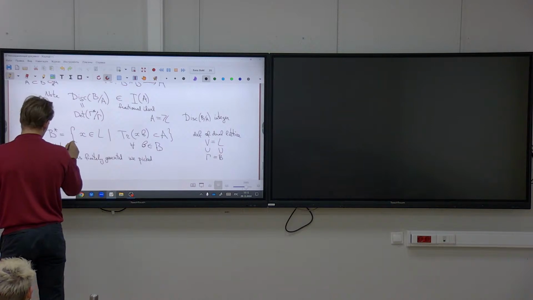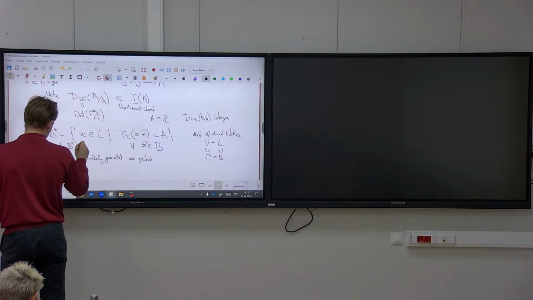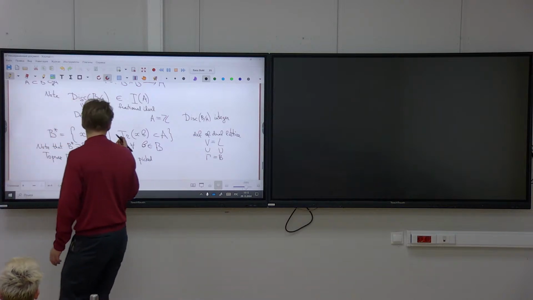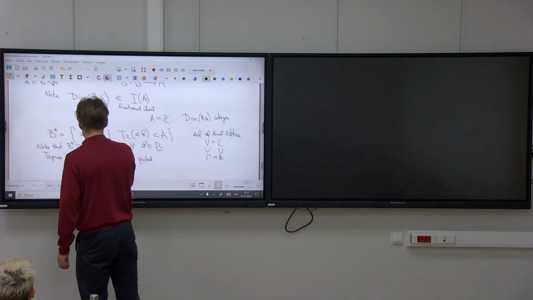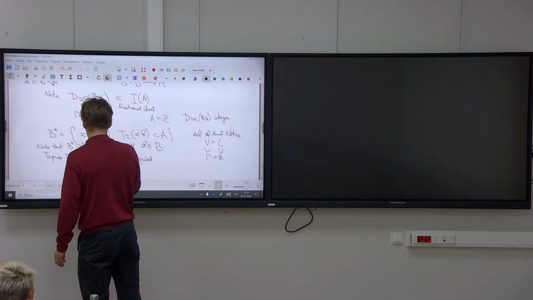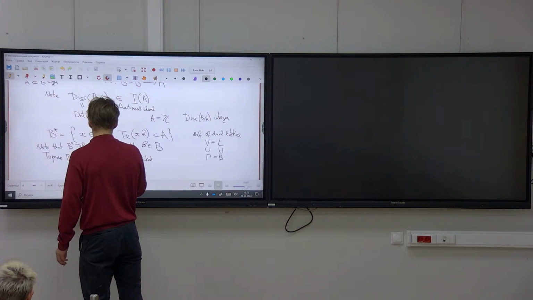Simply because the trace of B1 and B2 sits as a subset of A.